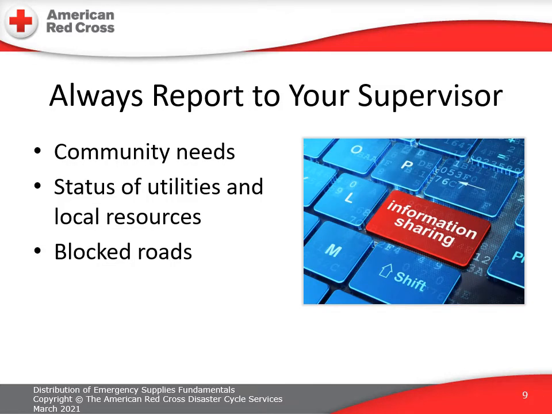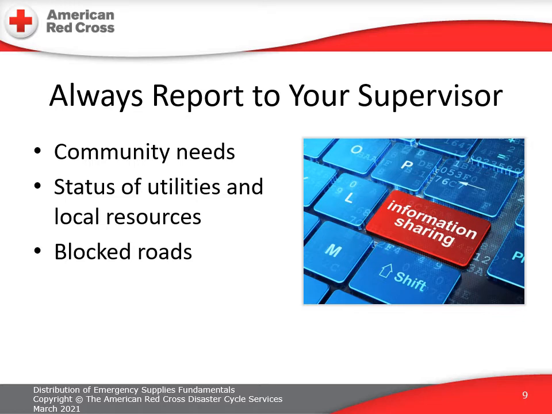While you are out in the community distributing supplies, you may learn information that is important to the disaster relief operation. For example, if you learn of a community who needs food, report this information to your supervisor immediately so the operation can ensure the community gets the services they need.